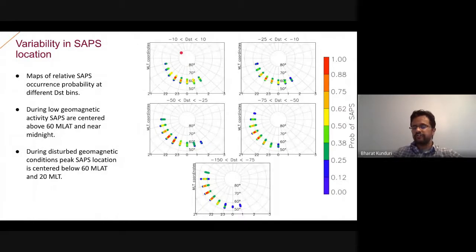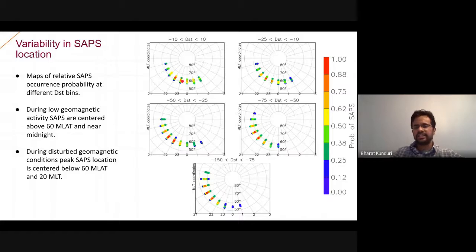Again, we are moving from the lowest geomagnetic activity level on the top left, and as we move down, we move towards strong geomagnetic storms, indicated by the Dst bin between -150 and -75 nanotesla. Given that SAPS is occurring, the highest probability of seeing SAPS in this Dst bin is centered above 60 degrees magnetic latitude, closer to midnight, at 22 and 23 MLT.